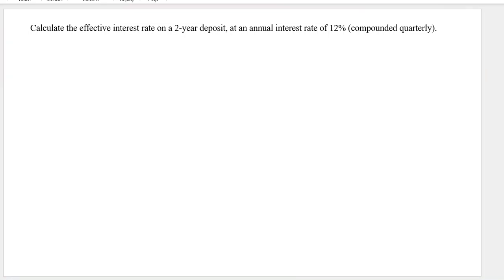Calculate the effective rate of interest on a 2-year deposit at an annual interest rate of 12% compounded quarterly. We use the formula for compound interest. In compound interest, the amount is given by A is equal to P into 1 plus R by 4 into 100 raised to 4n.